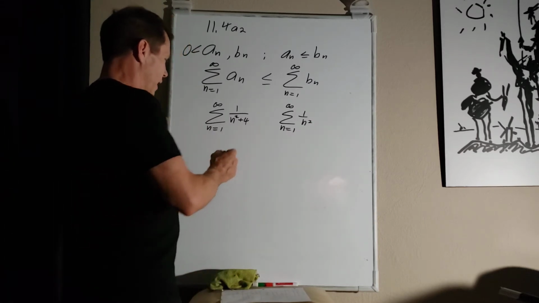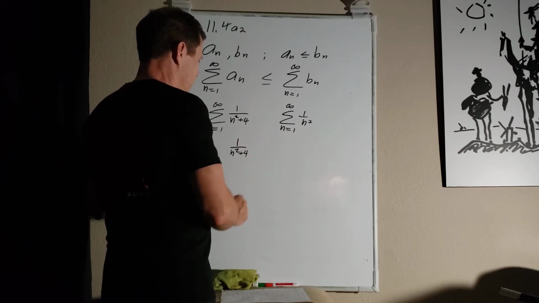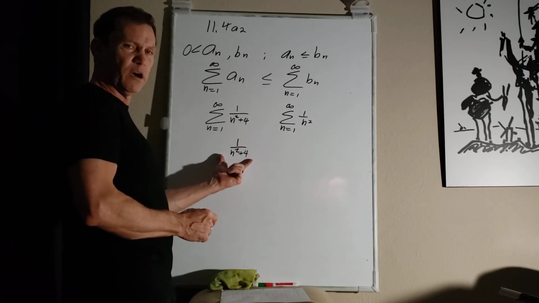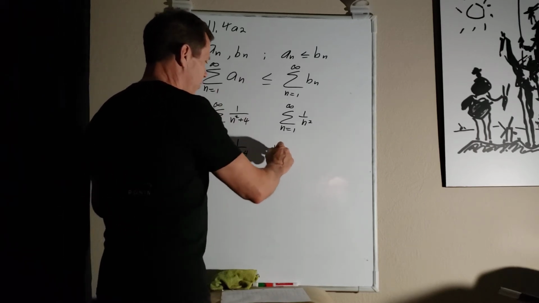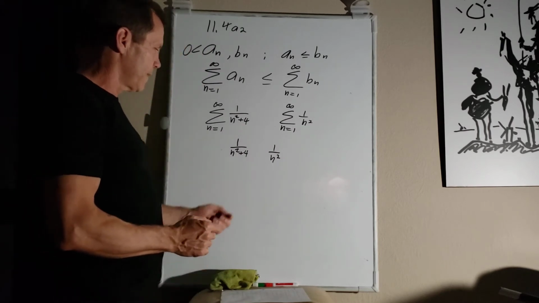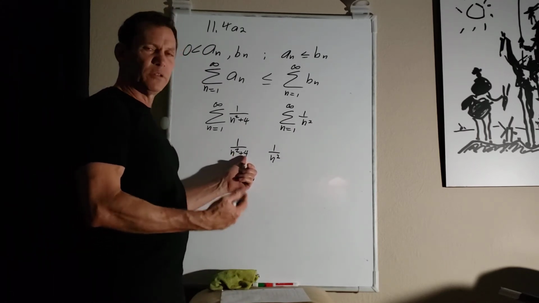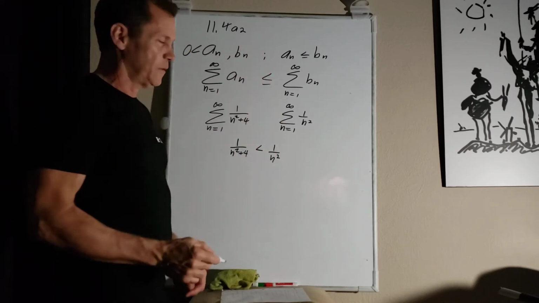So let's look at the two. Let's look at 1 over n squared plus 4. Are these positive? Yes, they are, as long as n is always positive. Don't even worry about it. And what do I know about 1 over n squared? Who's bigger? Well, here I added something to the bottom, which made this one smaller. So I know this is true.